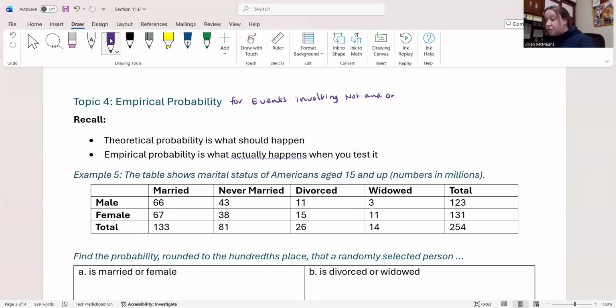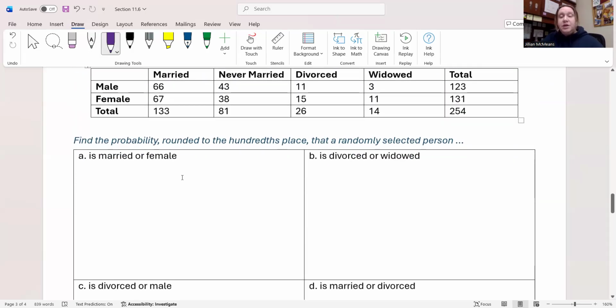So with all of that said, find the probability rounded to the hundredths place, so two decimal places, that a person randomly selected, for part A, is married or female. So we want the probability of married or female. Now we have to get down to the point of, are these events mutually exclusive, or are these events not mutually exclusive?